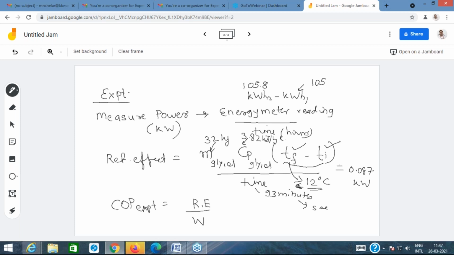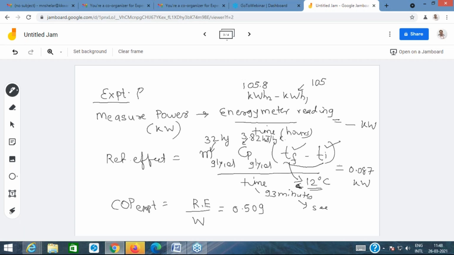So that gave us some readings, and upon time in hours, if you took that time as 1.32, we got the compressor reading, and then we converted it into kilowatts. And then if you substitute it, we got the COP as 0.502.